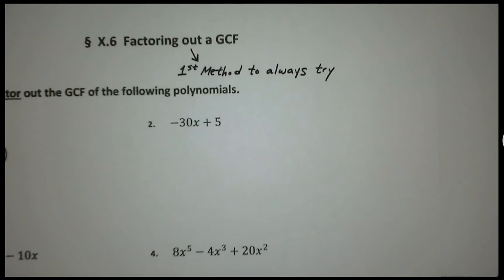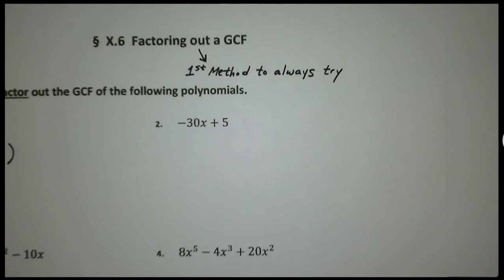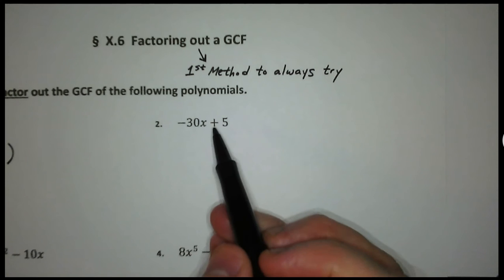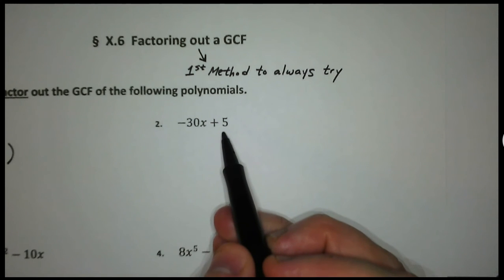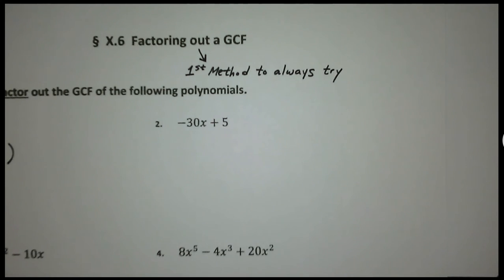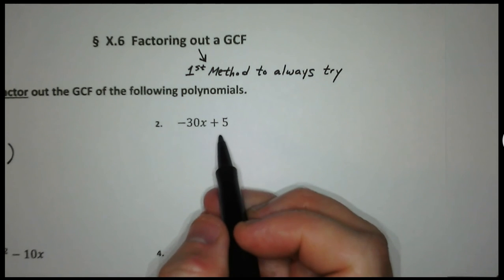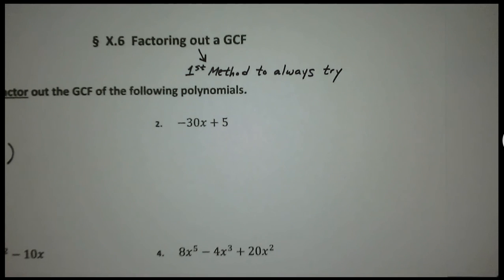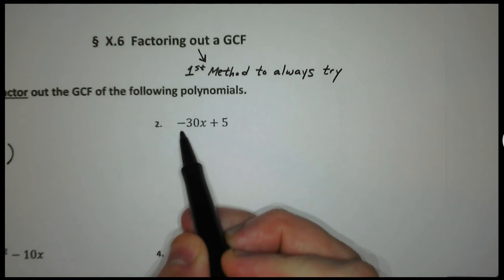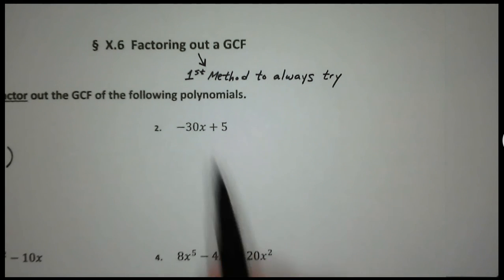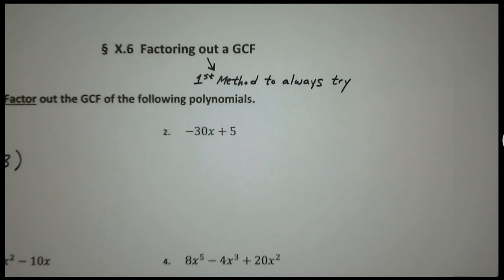Number 2. What's the GCF of negative 30x and positive 5? Well, you might be thinking 5, but I gotta say something here. Whenever the leading term is negative, it's conventional.